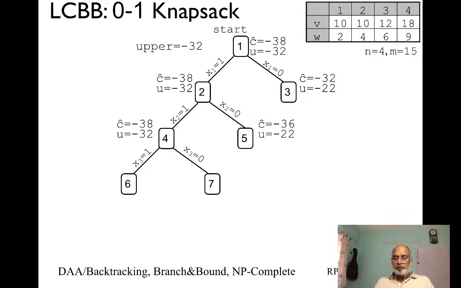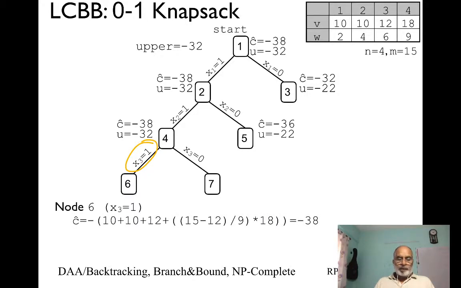Now node 4, again, I look at the weight 3, either I can include it or exclude it. If I include it, that is x3 is equal to 1, I get node 6. And when node 6, the weight is, so here this is included, and I'm including this already becomes 8. So again, 2 plus 4 plus 6 equal to 12. I only take partial value of 3.